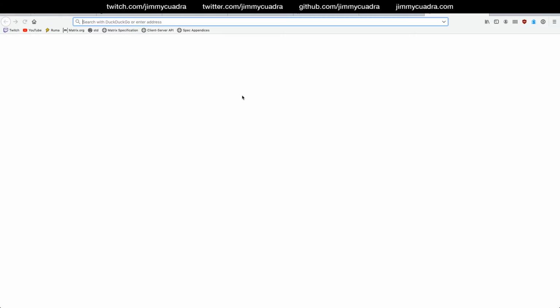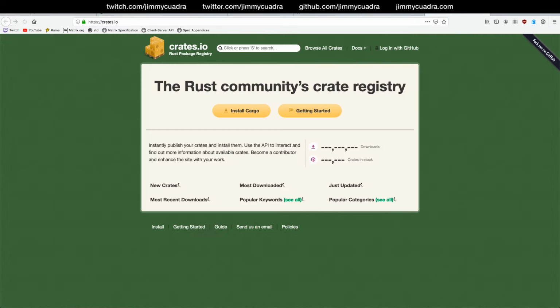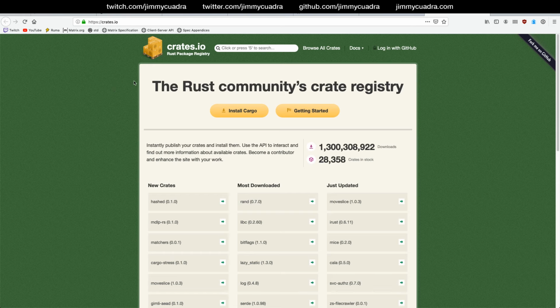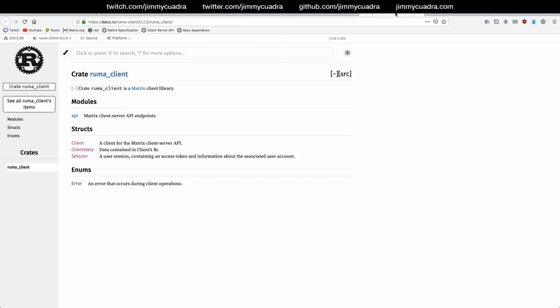Anything that has been published to the central Rust crate repository at crates.io will be automatically documented on docs.rs. So if you have a library whose documentation you want to read, you just go to docs.rs/ and then the library name, and it'll load the documentation for the most recent version of the library you're looking at. So Ruma Client is the high-level client library for connecting to Matrix.